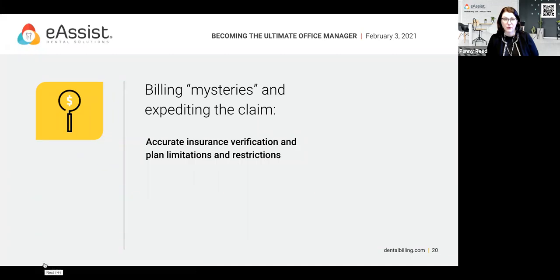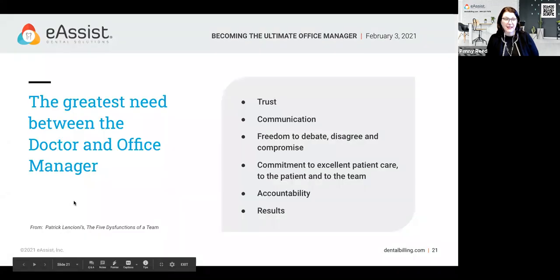It was chock full of information on being sure that you've got what you need to verify, and also finding out about plan limitations and restrictions, which you would think would get easier as insurance reimbursement advances, yet it seems to get more and more complicated.